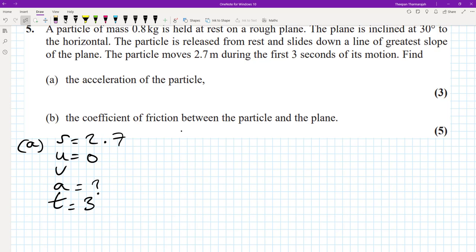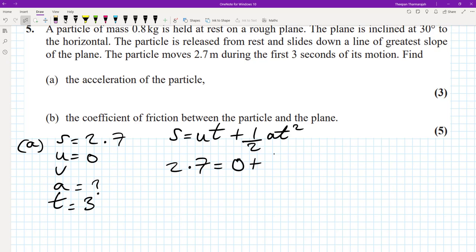So I'm going to use s equals ut plus a half at squared. So I get 2.7 equals, well, u is 0, so that goes to 0, plus a half a times 3 squared, which is 9.